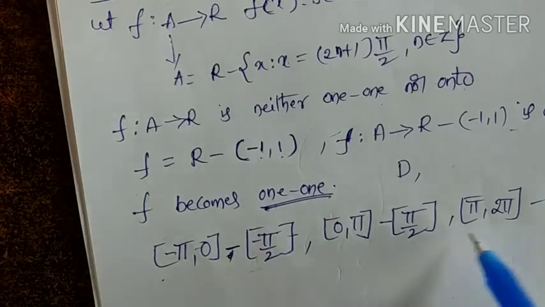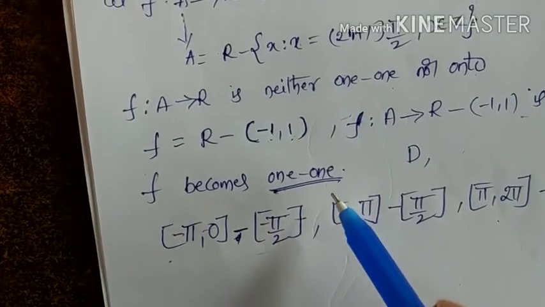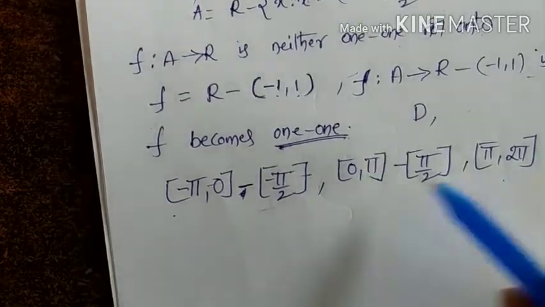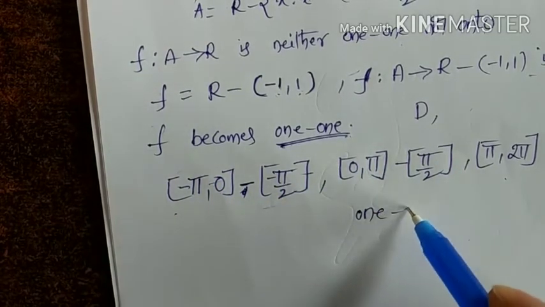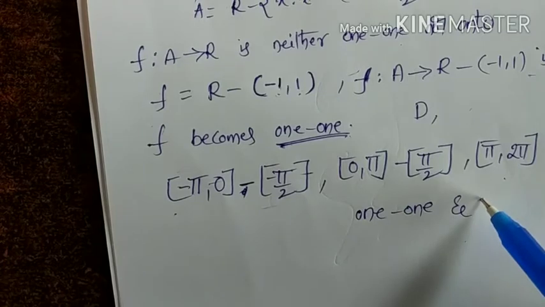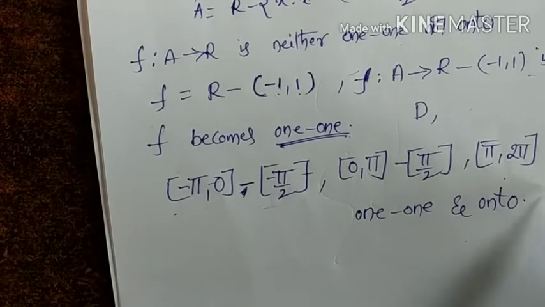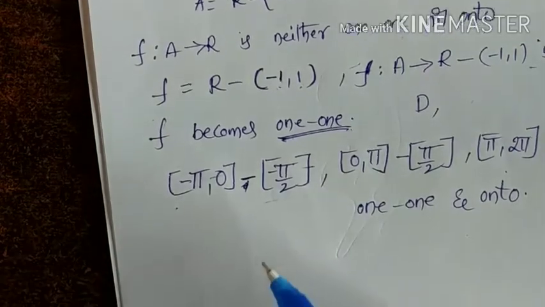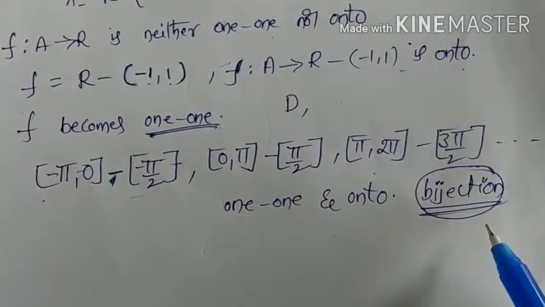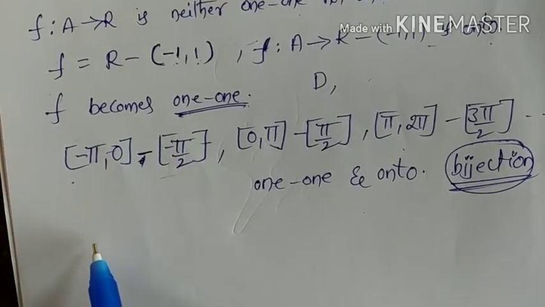For these intervals only the function f becomes one-one. So finally the function f is one-one and onto. When the function is one-one and onto, it becomes a bijective function. When the function is bijective, then the inverse is possible for that function.